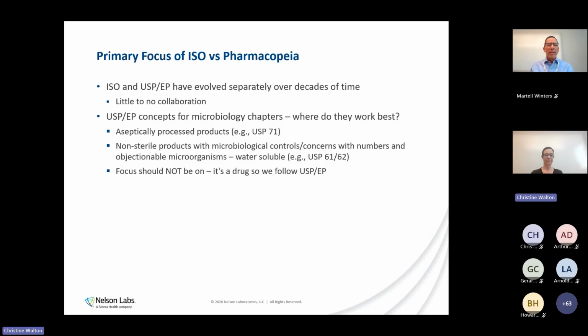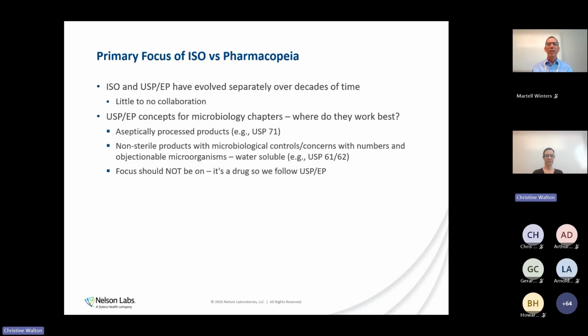So if we look at, for example, the USP EP concepts and where they work best. This is not necessarily when they're being asked for by regulatory bodies or when you might be using them; this is where we feel they work best. So aseptically processed products, and notice I'm not saying drugs, because at this point you're probably all aware that it's more than just drug products that are aseptically processed.